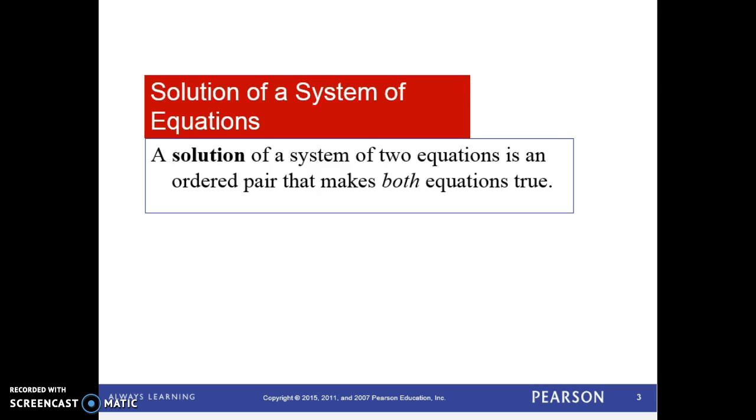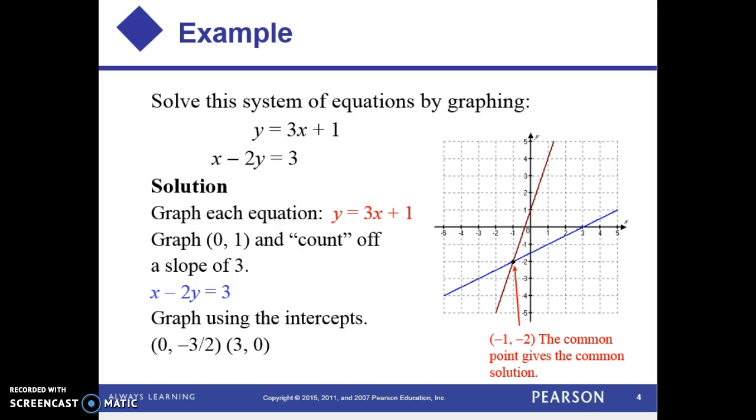If we have these two equations, these two lines, and we graph them, here's an example. Here are 2 different lines, and you notice that they intersect at the point (-1, -2). That point, if you plug it back into either one of those equations, will solve both of them.